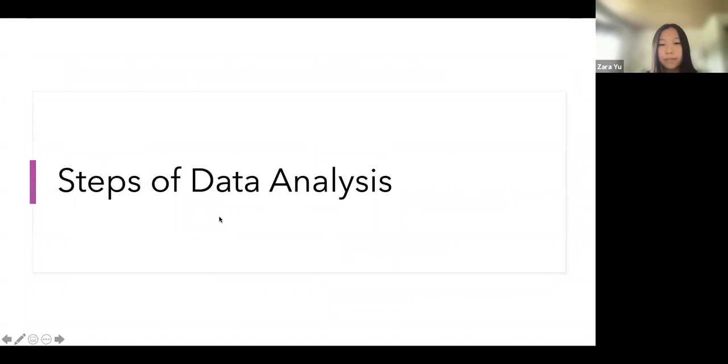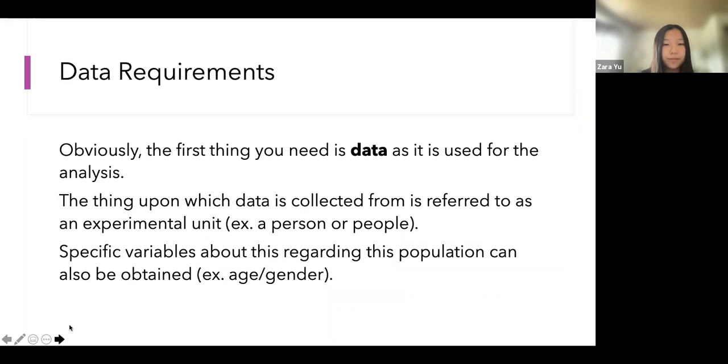So here are some steps for data analysis. The first one is we have to determine our data requirements, because obviously if you're doing data analysis, you need data. Data is collected from an experimental unit, which could be a person or an object of some sort.